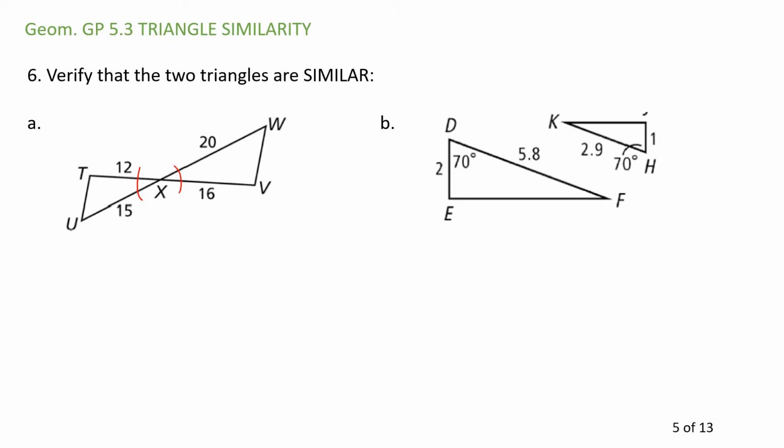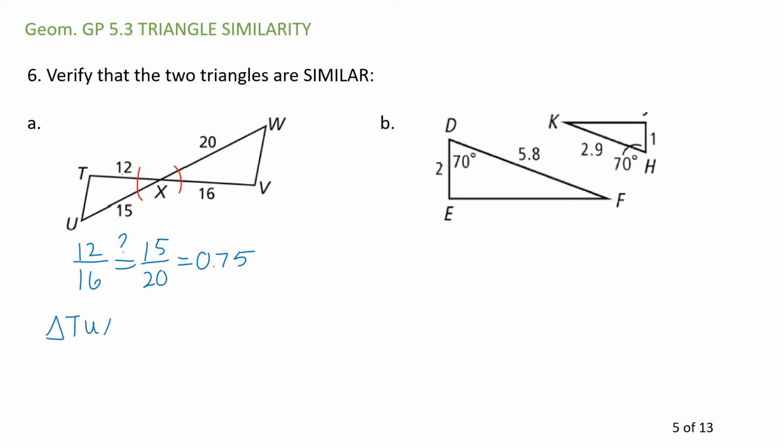I just need to verify that 12 over 16, is that the same as 15 over 20? And just be careful. I know that 12 is shorter than 15, 16. You don't want to get this twisted. And 12 over 16, of course, these are both 0.75. So yes, they are not congruent, but they are similar.